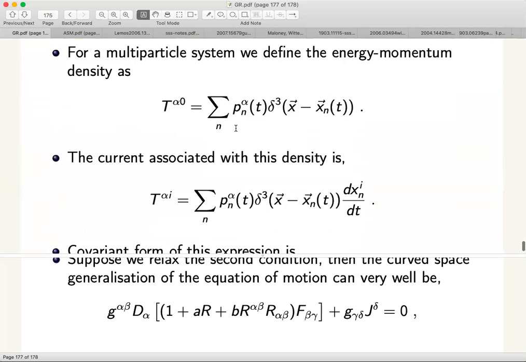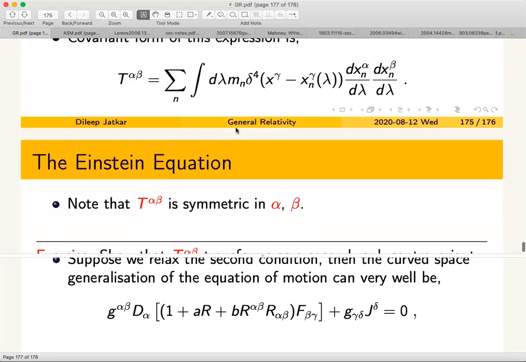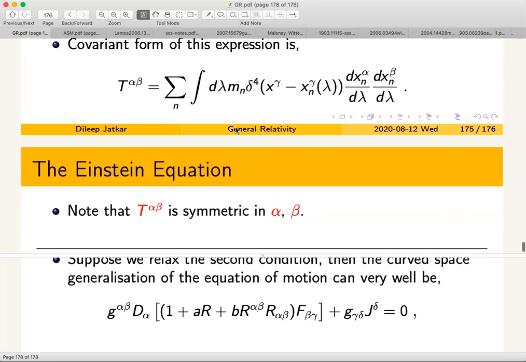Well, that depends on various conditions. One of the conditions is something that we have already defined, namely that when you take the flat space, non-relativistic limit of this equation, you should be producing the Poisson equation for Newtonian gravity. So that is one condition that we have to impose on whatever equation we write down.